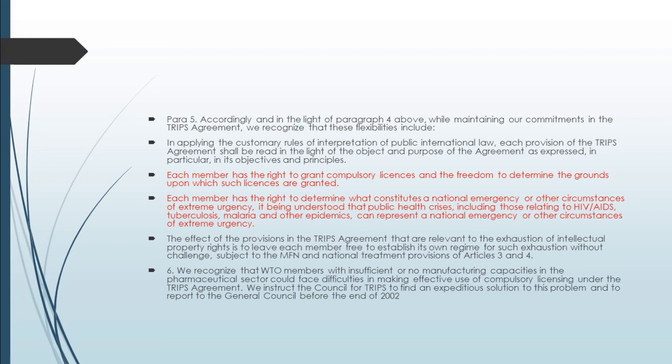And there are countries for whom malaria is not even a problem. It depends upon your geographical location, your competence in the medicine market. So this was a flexibility which was widened through the Doha Declaration, whereby countries are allowed to evaluate their own circumstances and decide what could be a national emergency for them.